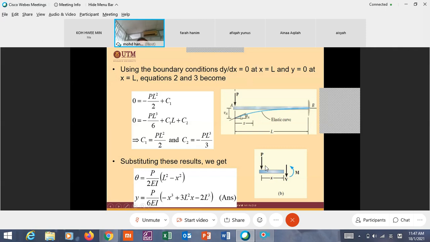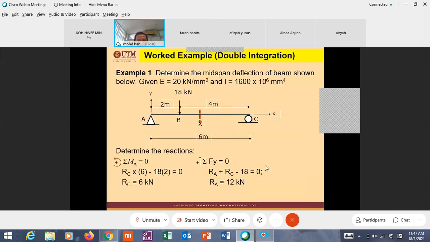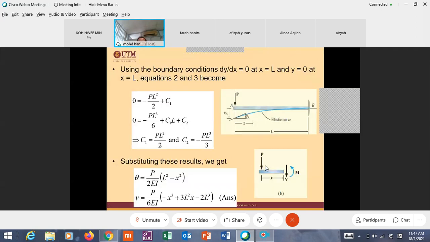Similar for slope, in this case the slope at A is also maximum. So you put x equal to 0, then slope is equal to PL squared divided by 2EI. I hope you can get it. That is the first example.